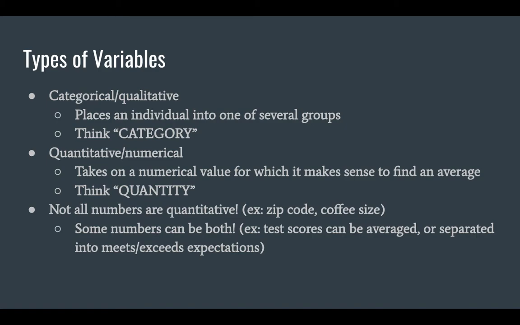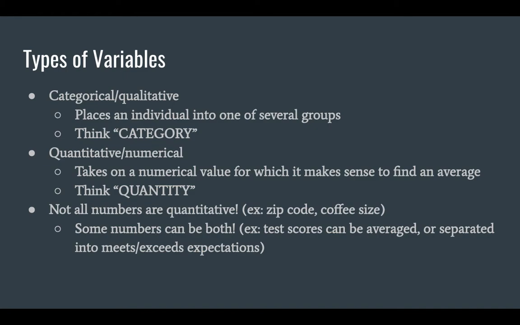We can clump, 80 and above is exceeding expectations. Maybe 70 to 80 is meeting expectations. And maybe below a 70 on a test would be not meeting expectations. So now we've taken these numbers and we can think about them in both ways, as categories and as quantities or averages.